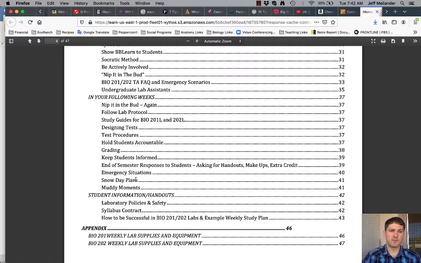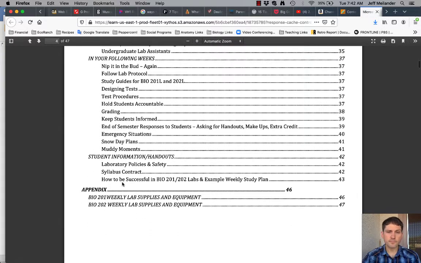And then as we move into the end of the semester, we might get some snow. So what's going to happen with snow day plans? Down here is student information, more handouts, things that we'll be passing out to the students.